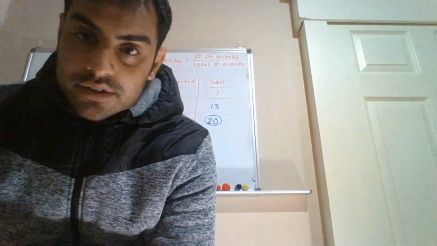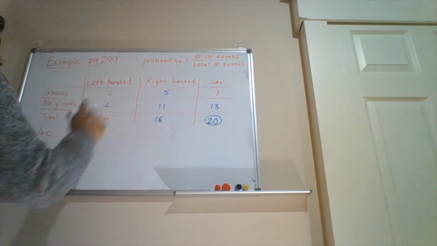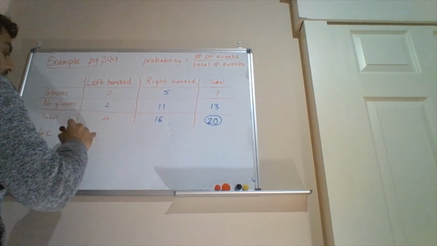Question 4c reads, what is the probability that if you choose one of the left-handed students, they will be wearing glasses? So this differs slightly from question 4b in that we're only picking from the left-handed students. The number of left-handed students is 4.